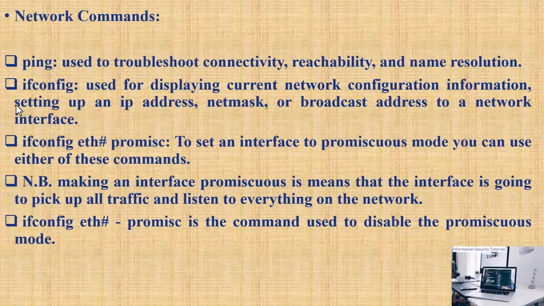So ifconfig will display the current network configuration on this system, like the IP address, net mask, and broadcast address. It can also be used to configure your customized or manual configuration on your card.